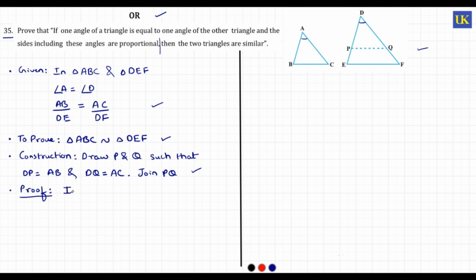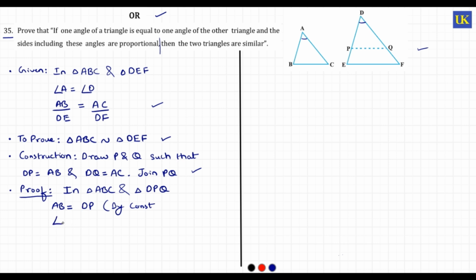So here we will say that we'll take two triangles. We'll take triangle ABC and triangle DPQ. Here we will say that AB is equal to DP. Just now I told that this is by construction.